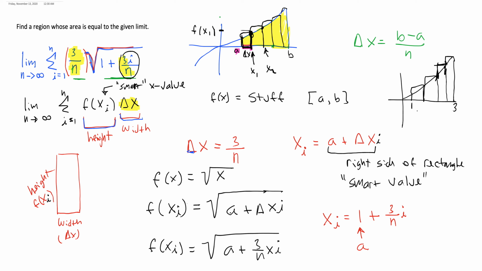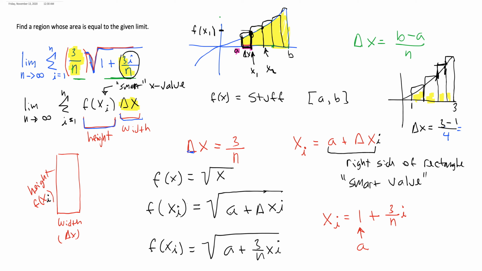Okay, so delta x is equal to your high number, which is your 3, minus your low number, which is your 1, over n subintervals. And in this case, I have 1, 2, 3, 4 intervals, or subintervals, I guess.